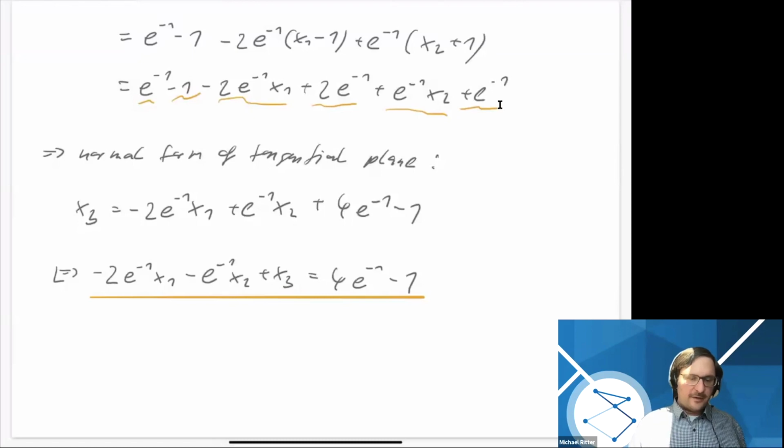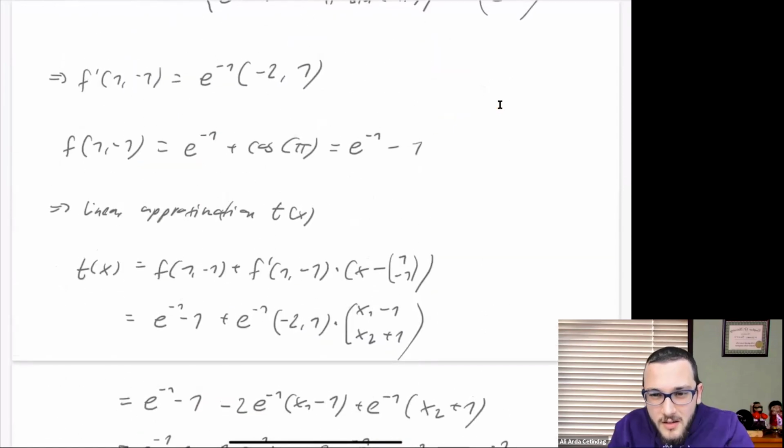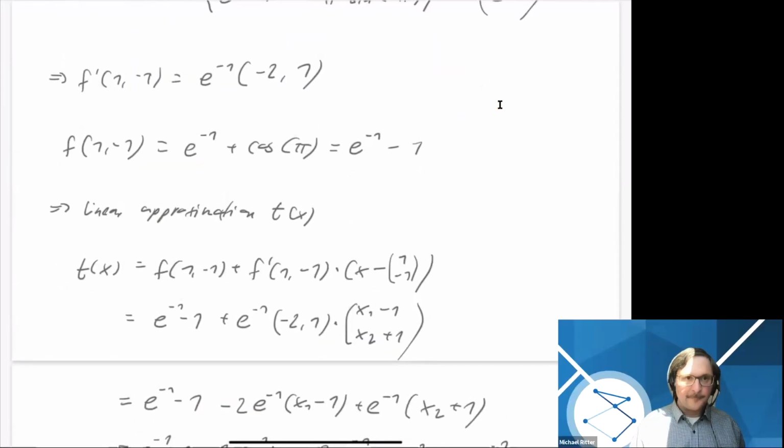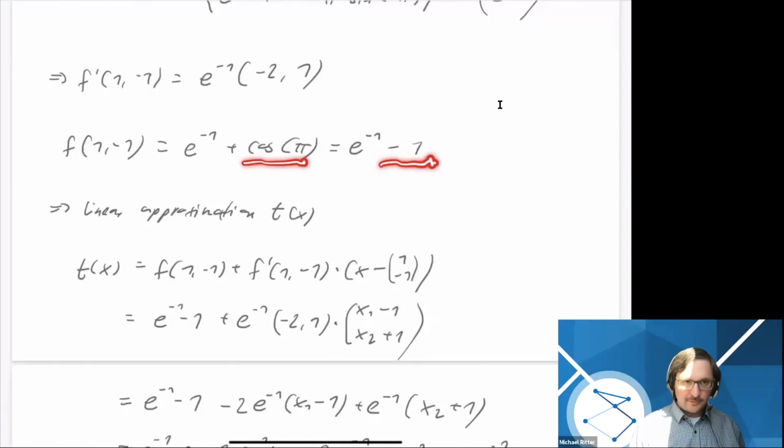Okay, any questions so far, before I show you how to get the parameter form? Dr. Ritter, one question was that cosine of pi is -1, not plus. So here, cosine of pi is -1. That should be correct, right? Yes, it is correct. Maybe somewhere else.